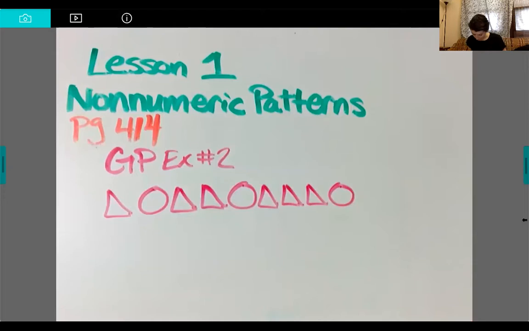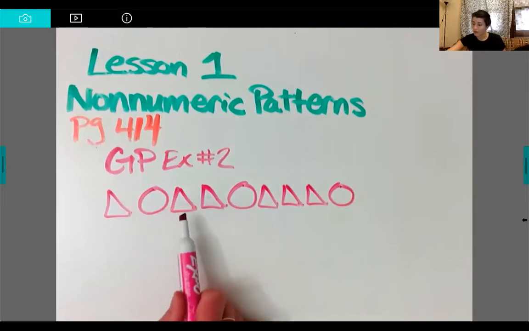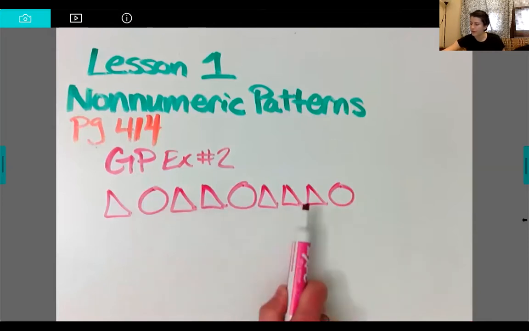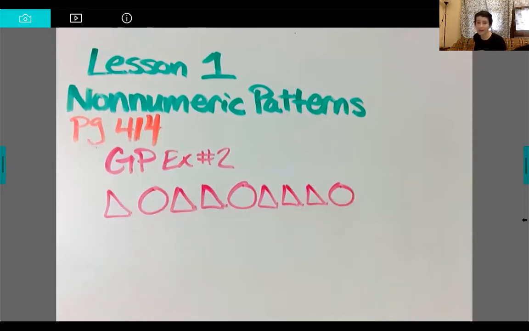Well, it's a growing pattern, so I see one triangle, one circle, two triangles, one circle, three triangles, one circle. So the number of circles stays the same, but the number of triangles increases by one more than the unit before it.